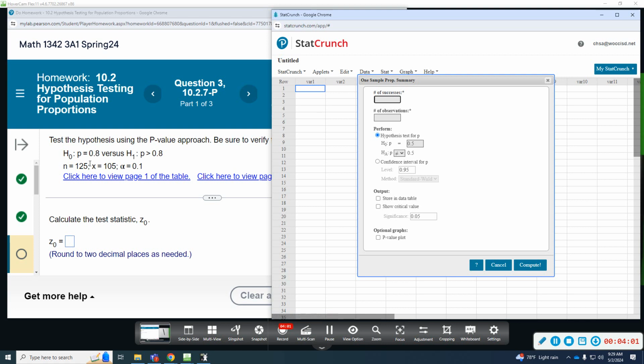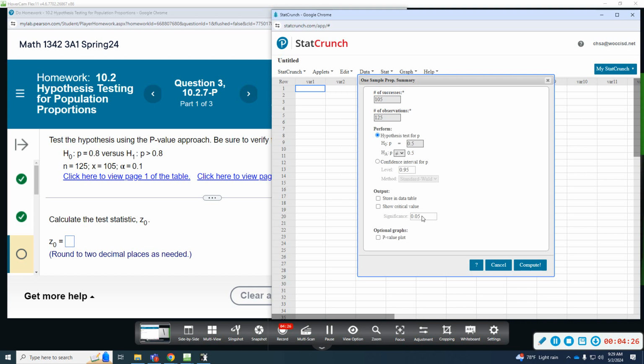Number of successes, so that is our X. How many times it happened? Specific characteristic, 105. Number of observations, there was 125. We want to do the p-value approach, so we're not going to do confidence interval. We're going to do hypothesis test. Now this is saying alpha is 0.1.